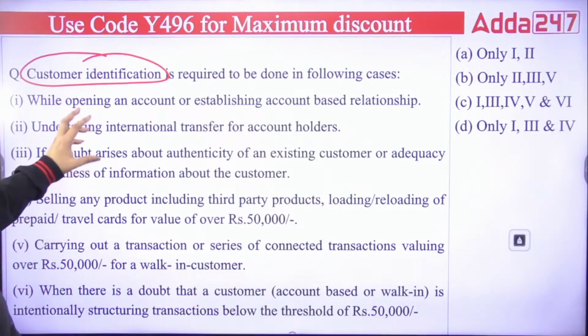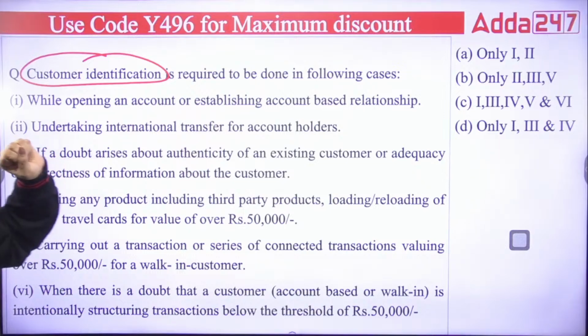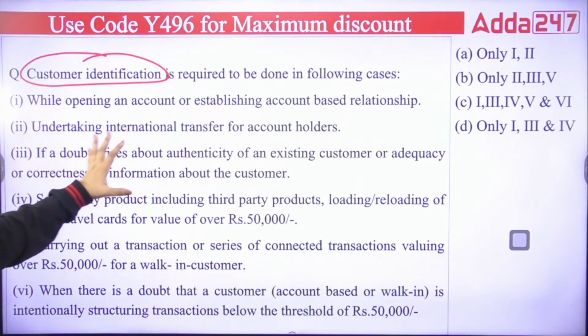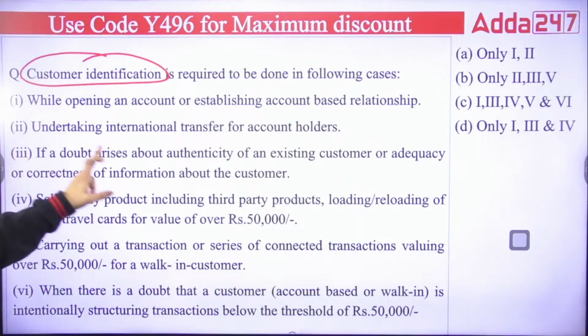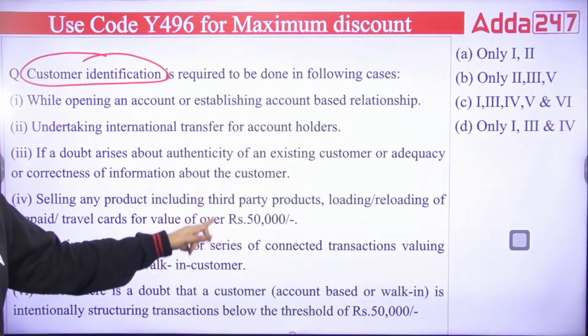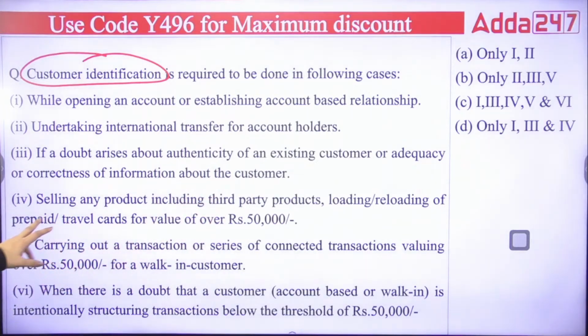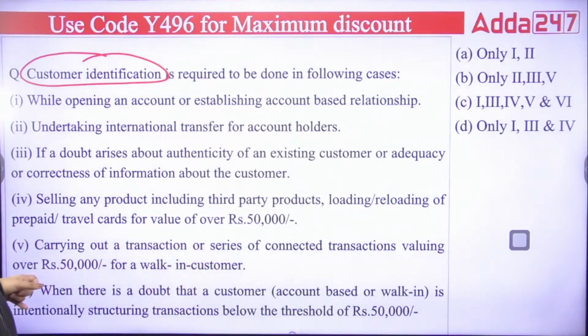While opening an account or establishing an account-based relationship, undertaking international transfer for account holders, if a doubt arises about authenticity of an existing customer or adequacy or correctness of information about the customer, selling any product including third-party product, loading, reloading of prepaid travel cards for value of over 50,000, carrying out a transaction or series of connected transactions valuing over 50,000 for a walk-in customer. Walk-in customer means the customer does not have an account with you.